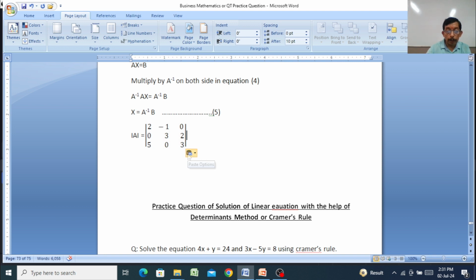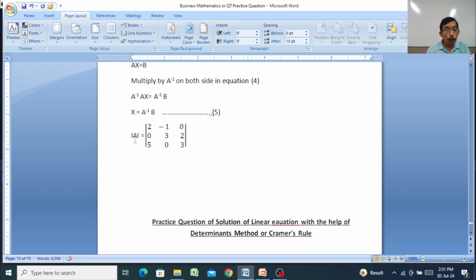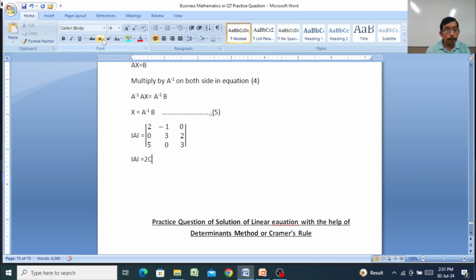Now we simplify the determinant value by expanding according to the first row. The first row, first element is 2 and its cofactor is C11. Then minus, bracket start, minus 1, bracket close.